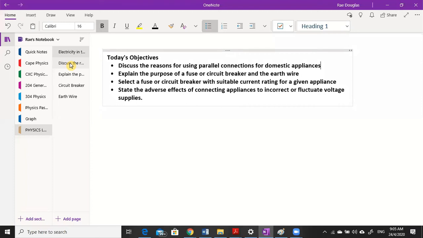Now that you said that current is divided and your voltage remains constant, let's take it a notch now to your household appliances. If I am connecting my household appliances in parallel, what do you think is going to happen there?